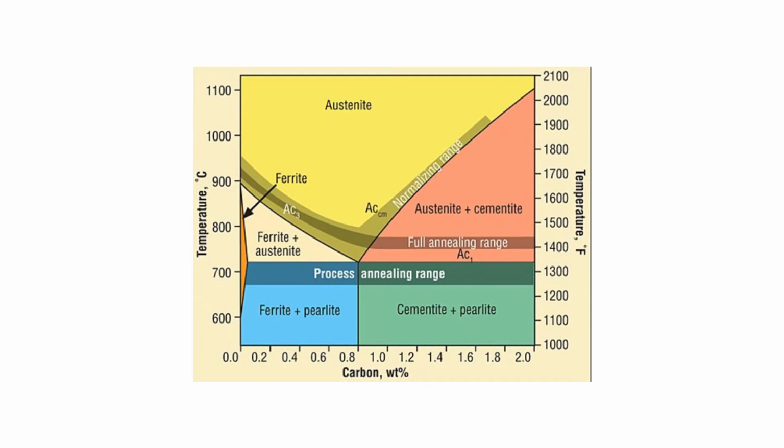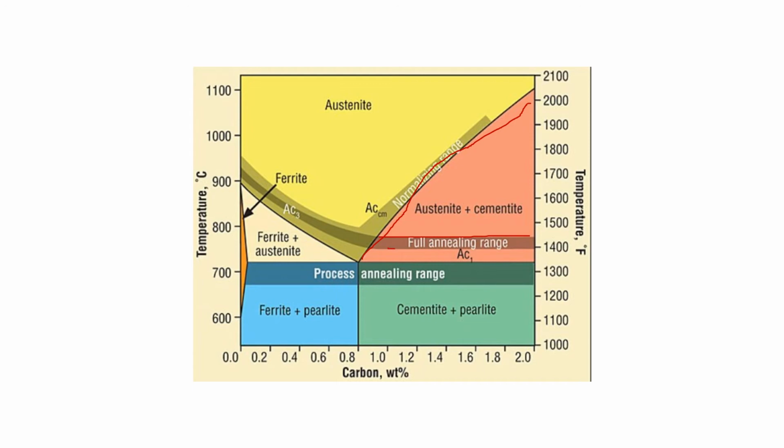This shows the range for different types of annealing heat treatment processes. This is the range of temperatures for normalizing, while this is the area of the full annealing range.